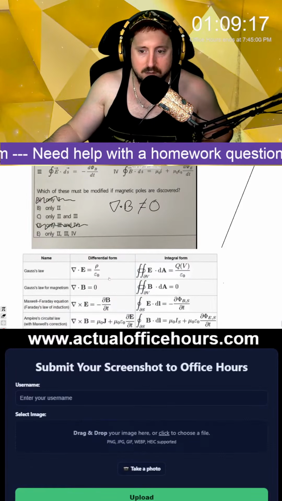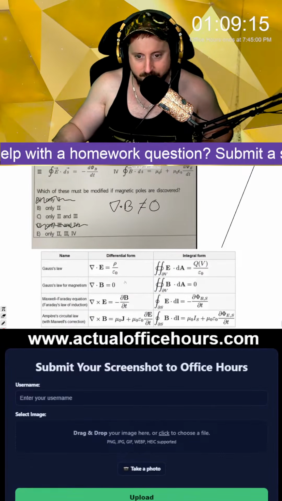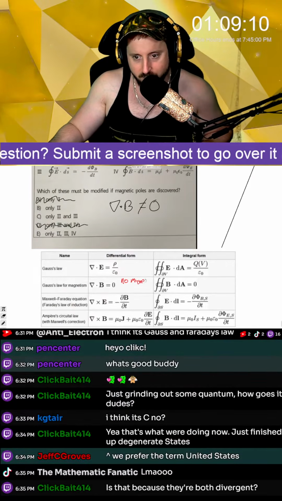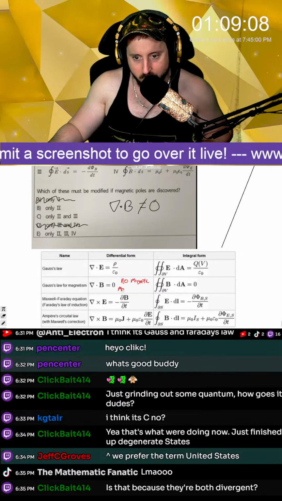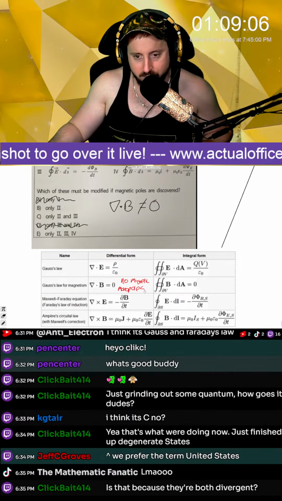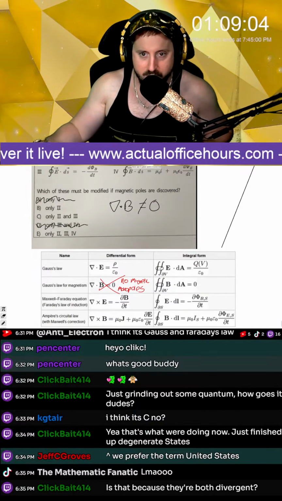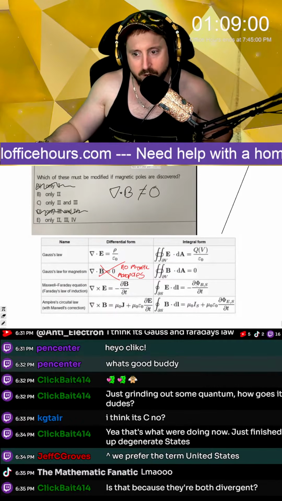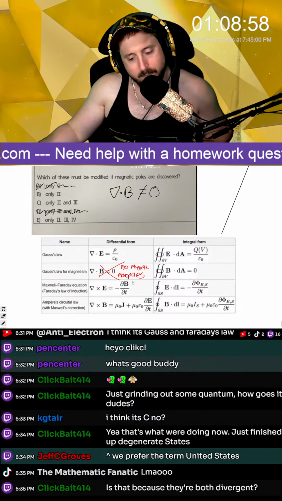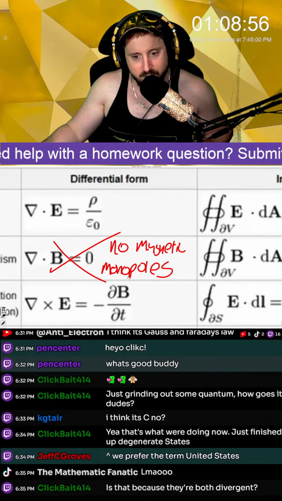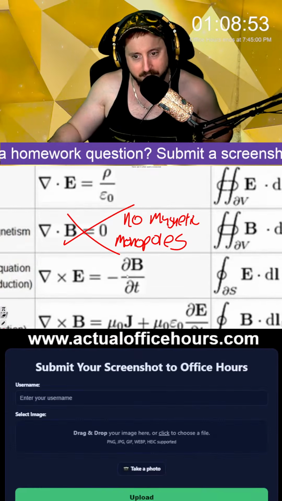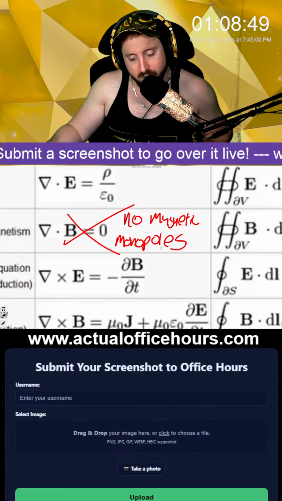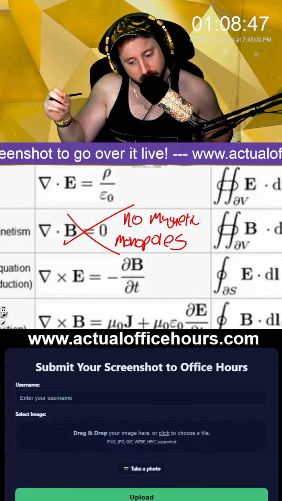Yeah. So wait, this is the no magnetic monopoles equation. So if this is wrong, then obviously the integral form is wrong. So that's why 2 is wrong. They said this one is also wrong. And I guess the argument is that you have to consider that the magnetic field can move if the monopole is moving.